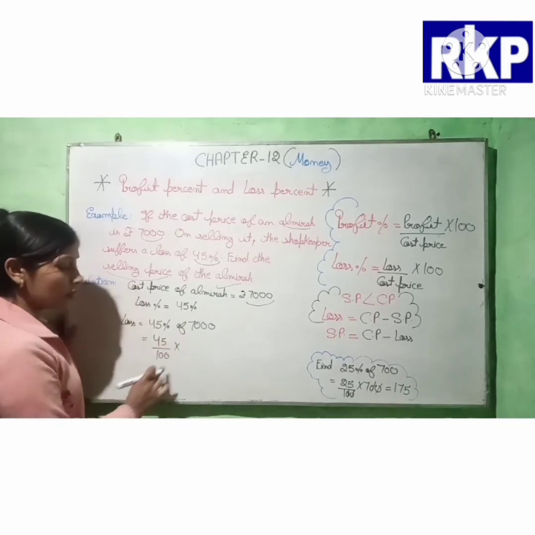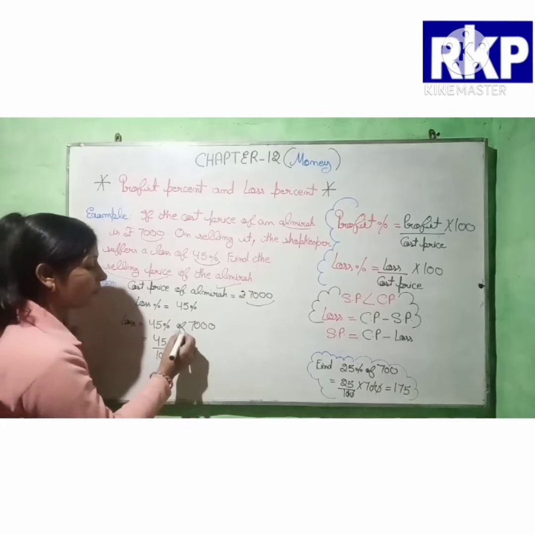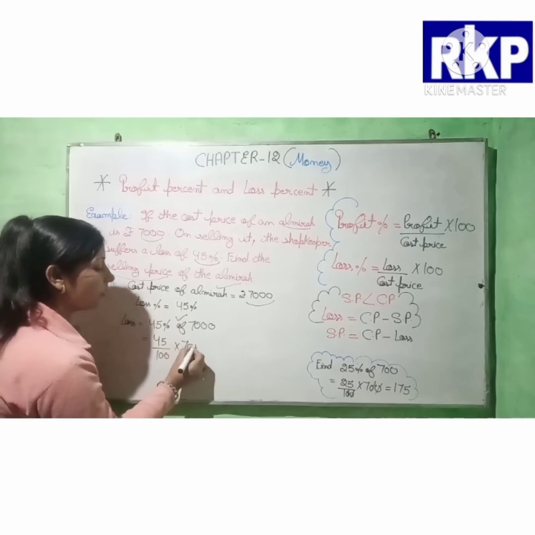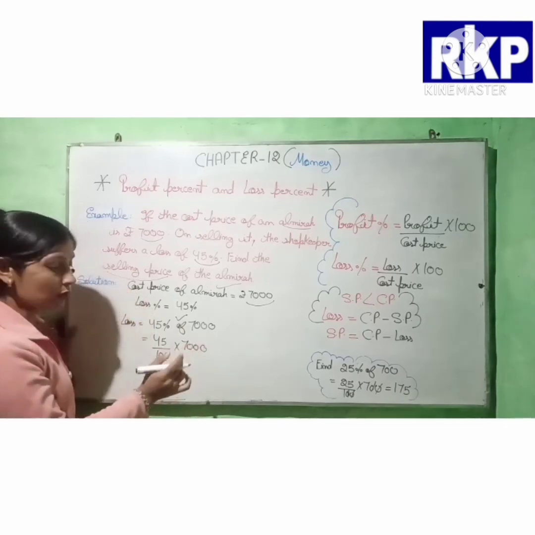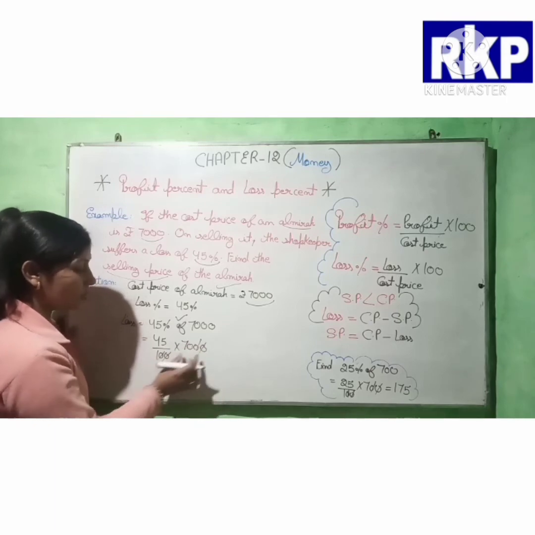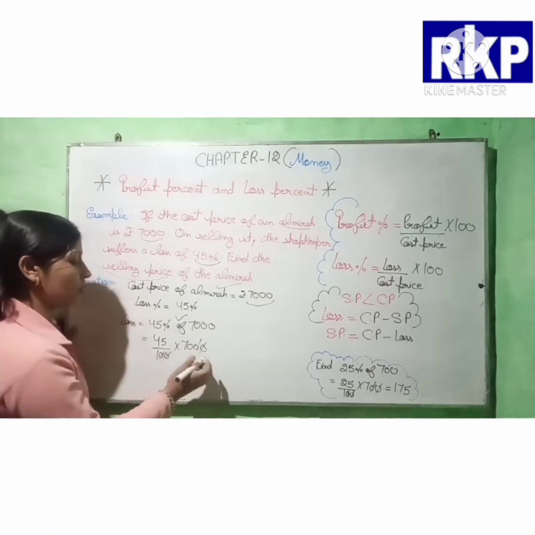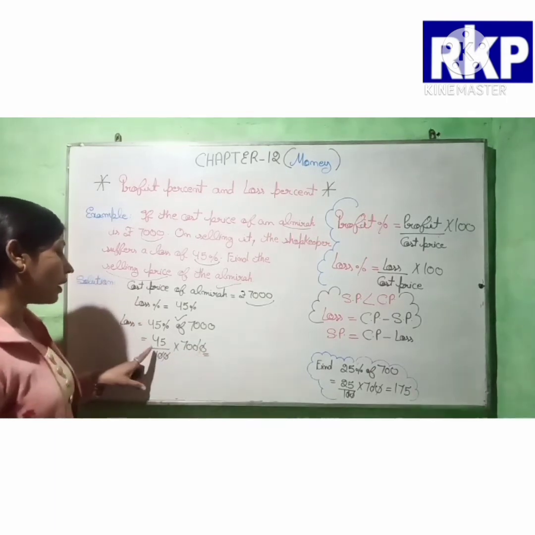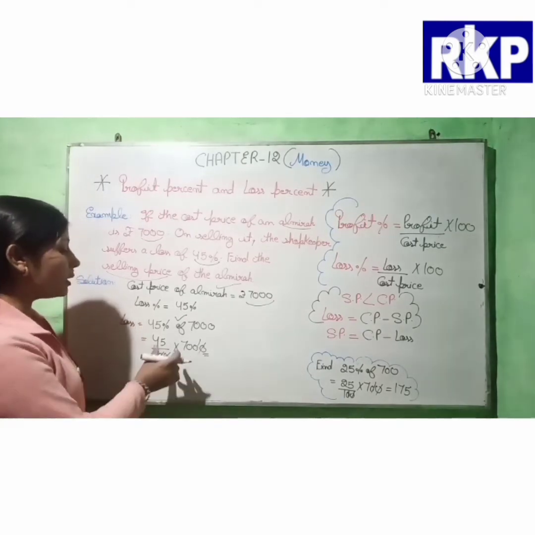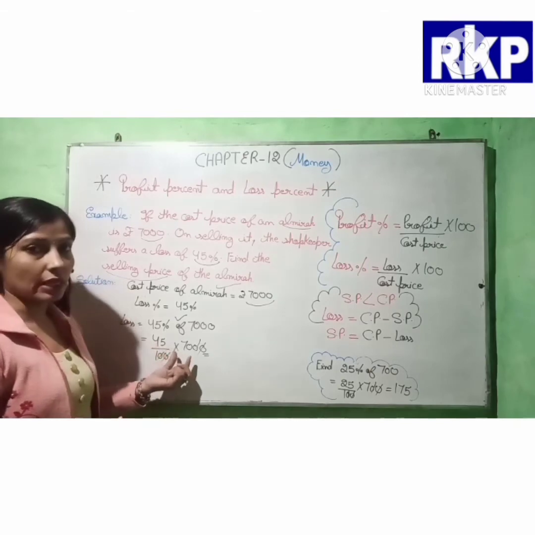Now we have to put the sign of multiplication for this off. Okay, and now we have to write 7,000, and here we can cut these two zeros with these last two zeros. Now we have 45 and here 70 as numerator. Now we have to multiply 45 with 70.